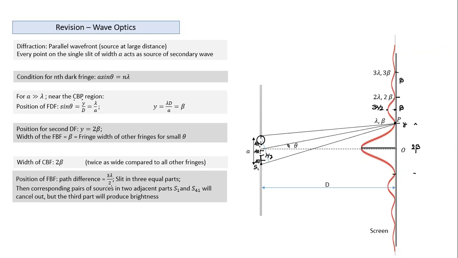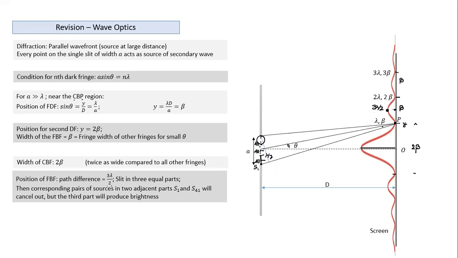That's the reason the brightness of the first bright fringe is much lower compared to the central bright fringe. Even though this is a point of constructive interference, it is constructive interference for part of the waves, not all. Here again, quite a few of them cancel out each other, and the brightness will keep reducing. Typically, compared to the central bright fringe, its brightness is about 5% or even less.